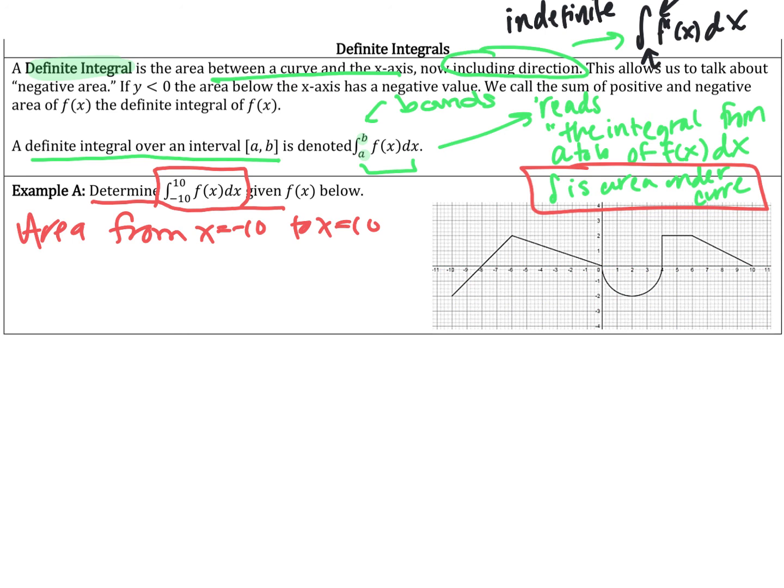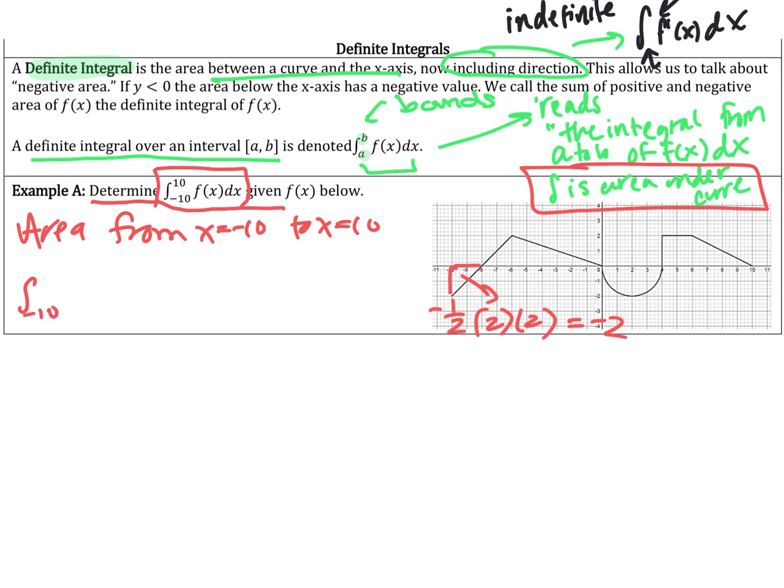So I'm hoping you had time to do this. I can see a triangle here. This triangle has a negative area, and if I calculate this, it has an area of 1/2 times base times height, so 1/2 times 2 times 2, and since it's negative, that area is going to be negative 2.